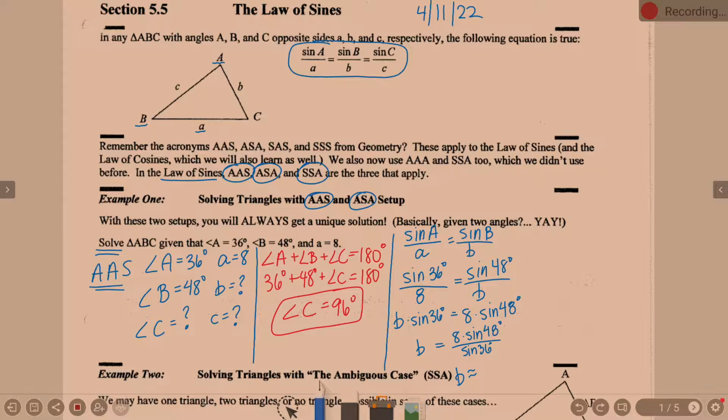And how do we finish this off? Or did you guys already do it? Gotta have the calculators working on this one, don't you?